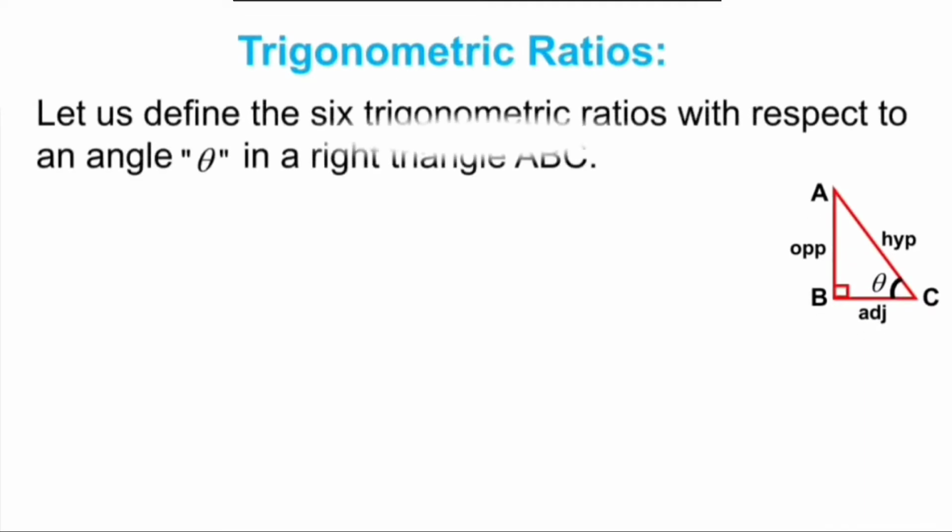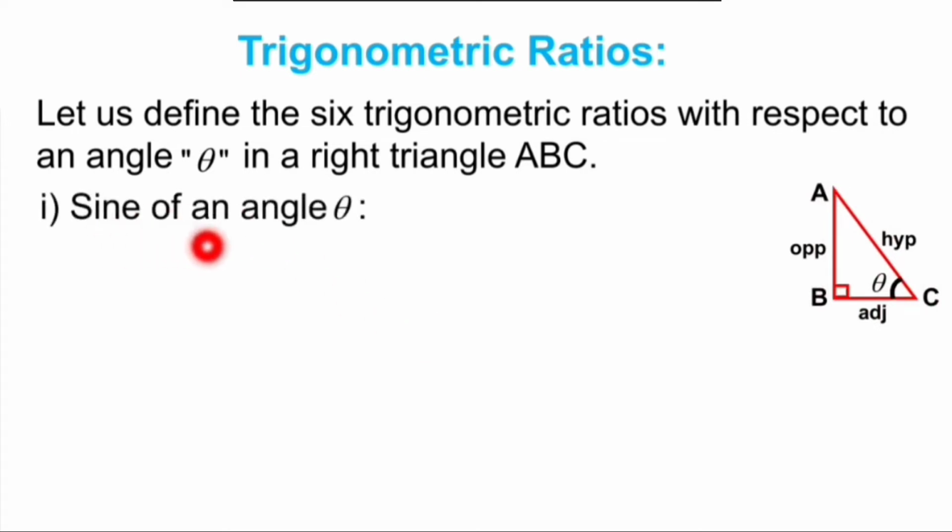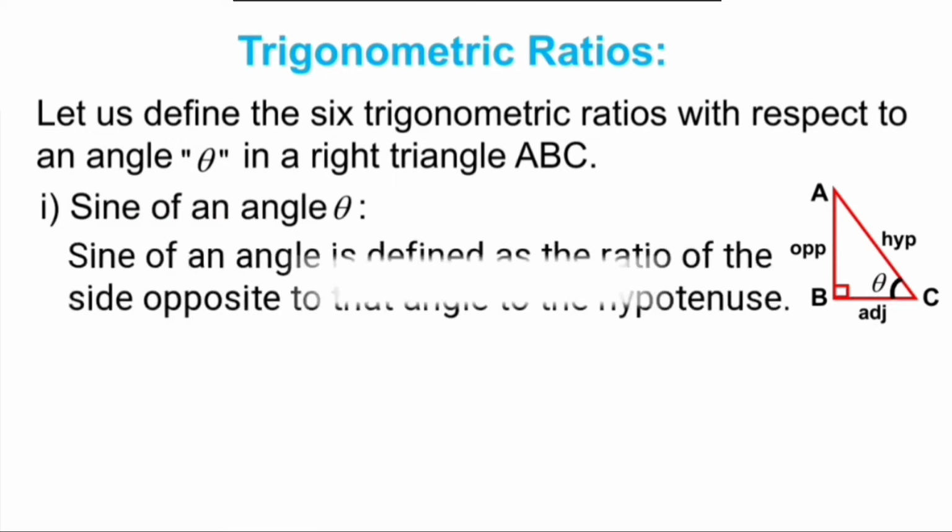Children, now let us define the 6 trigonometric ratios with respect to an angle theta in a right triangle ABC. The first one, sine of an angle theta. Children, sine of an angle is defined as the ratio of the side opposite to that angle to the hypotenuse.